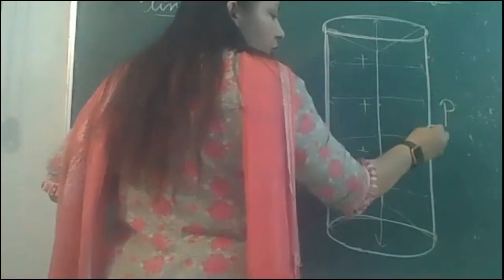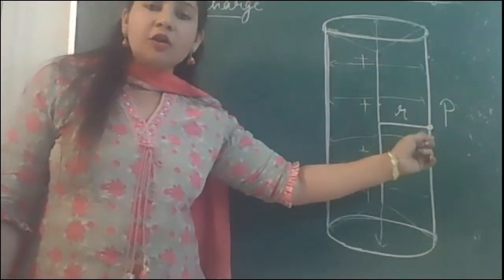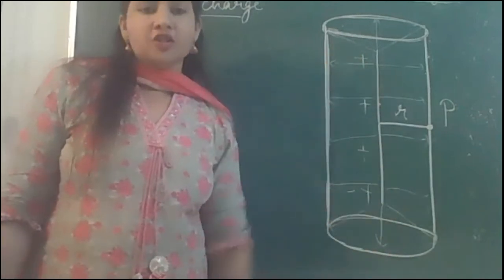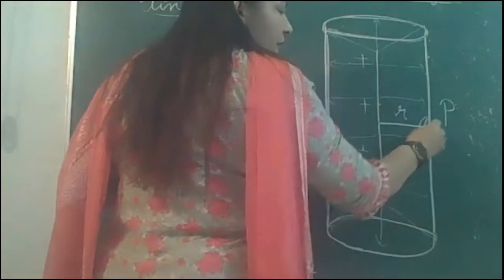And obviously, let us imagine that our point of observation lies on the Gaussian surface at a distance r from the line charge. At this point, we want to find the net electric field intensity due to the whole line charge. So at this point, we will take an element.